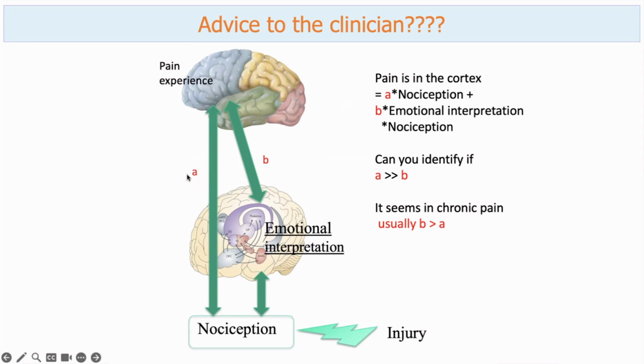And the relative weights, the A and B of these two systems, are going to be different for different conditions. And in a sense, from a clinical viewpoint and from a treatment viewpoint, how much do we treat the peripheral nociceptor, the emotional circuitry, and or the cortical circuitry becomes an important issue that one could start debating.